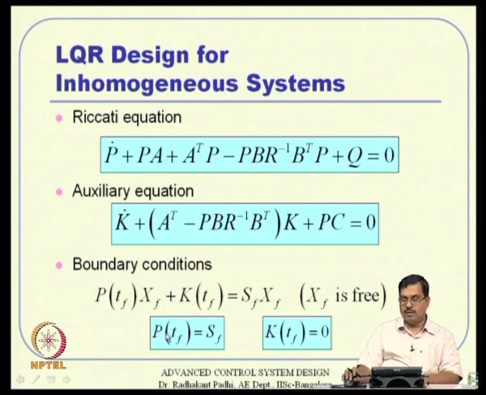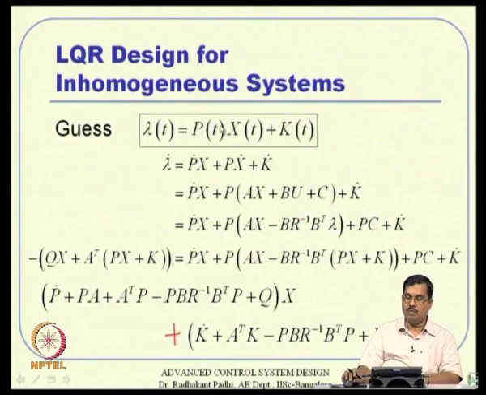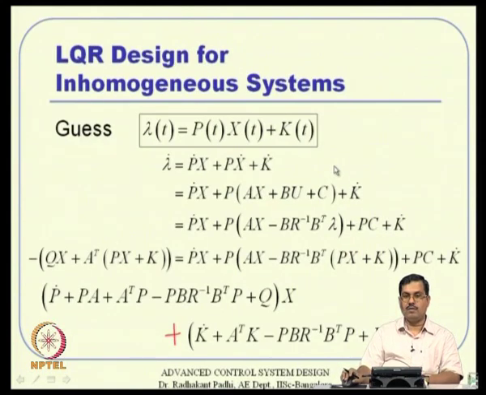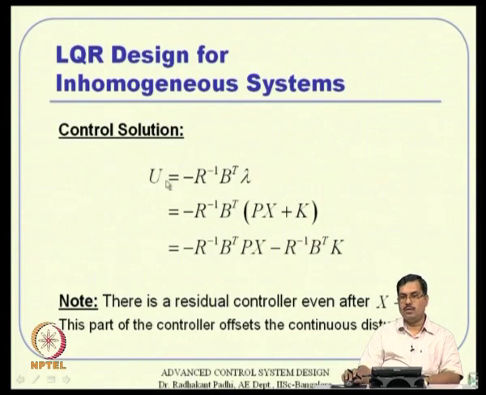Using these two differential equations and these two boundary conditions, you can actually solve these equations, and then you are ready to apply the controller, because lambda of t after that is like this, and u is equal to minus R inverse B transpose lambda, where lambda is known to us. That is what I am doing here. The control solution turns out to be like that.